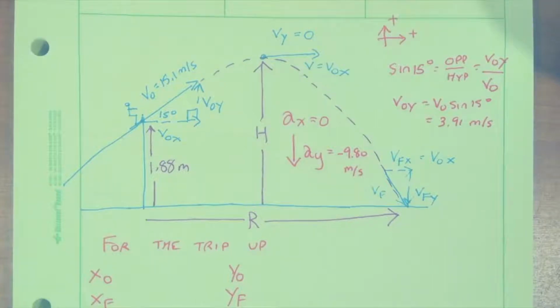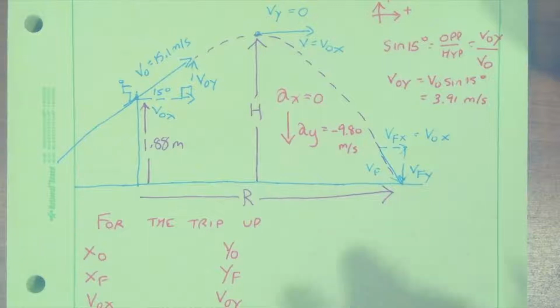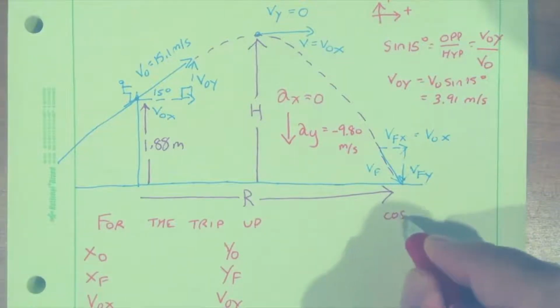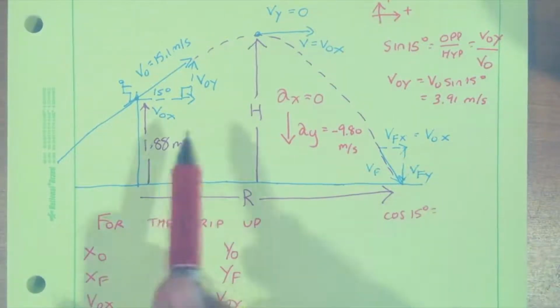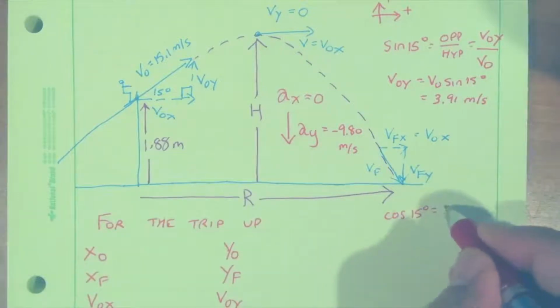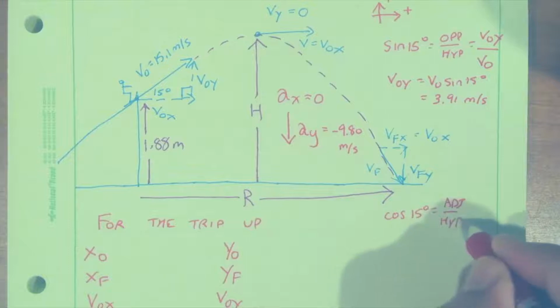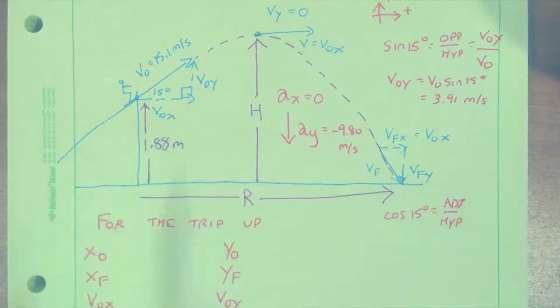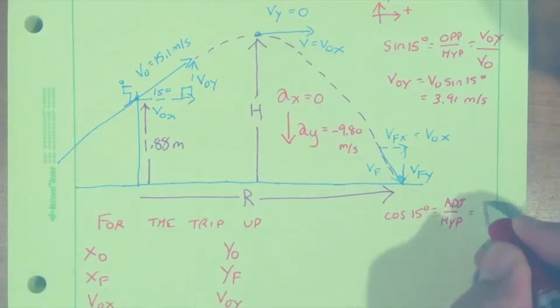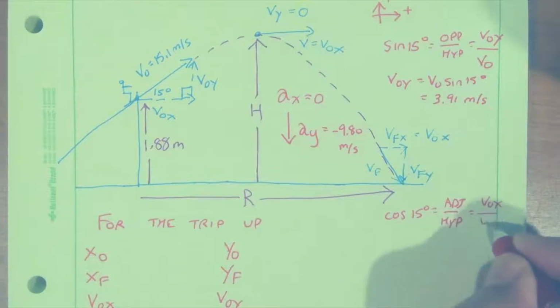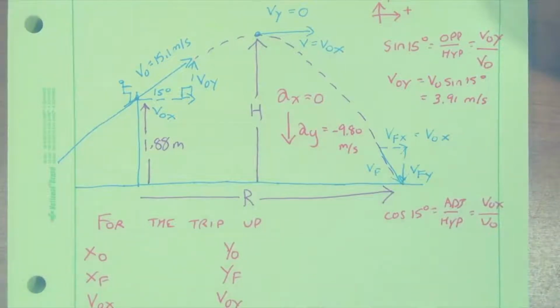We can do likewise with the cosine function. And adjacent to the 15-degree angle, we see v naught x, and the hypotenuse is still v naught. This works the same way as it does with forces.